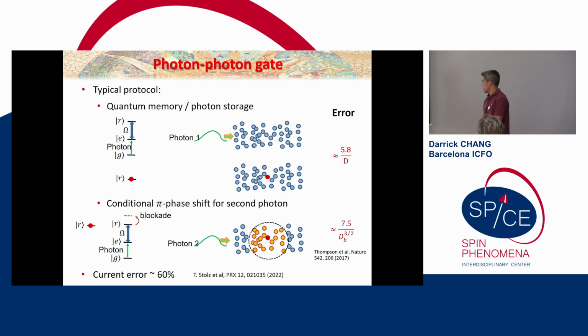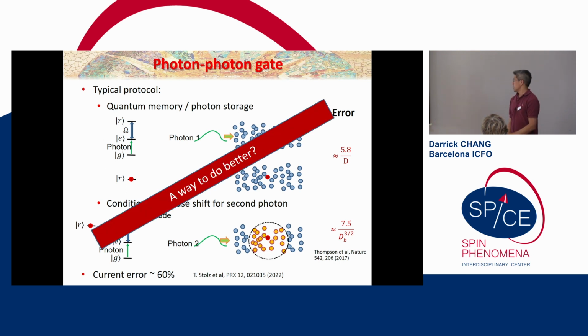And so that's one reason why you never hear of photon-photon entangling gates or photons and atoms as a competitive platform for quantum computing, as opposed to superconducting qubits, ions, et cetera. Okay? And the fact we're sitting at 60% despite lots of effort to improve it suggests that it's very experimentally hard. And so it really motivates asking, is there some way to do better?